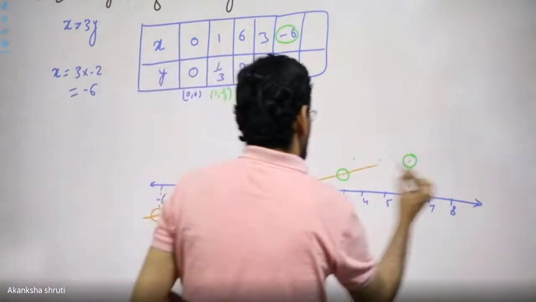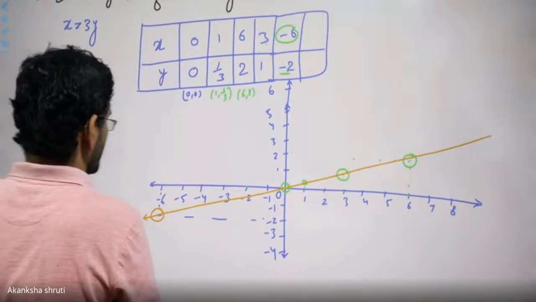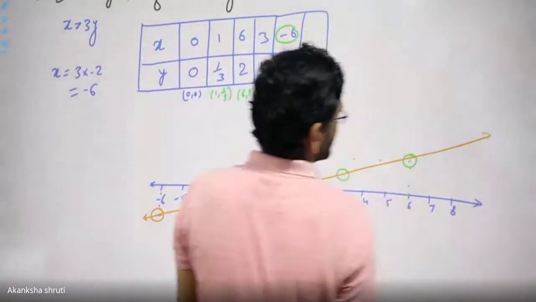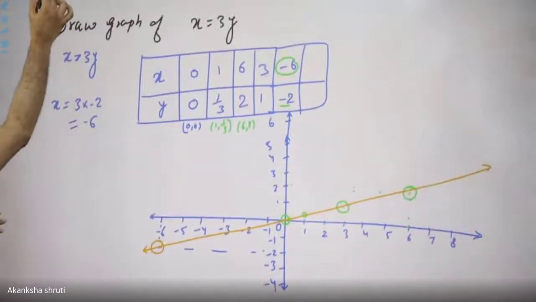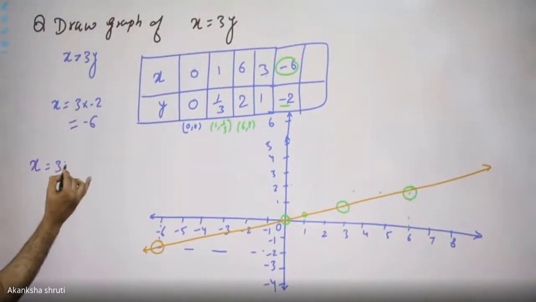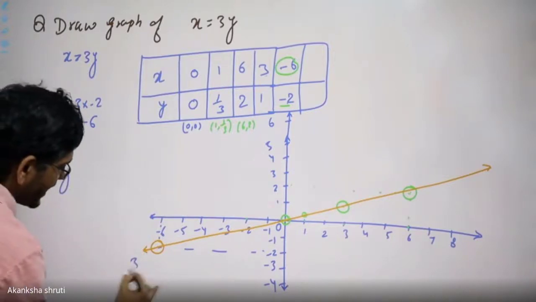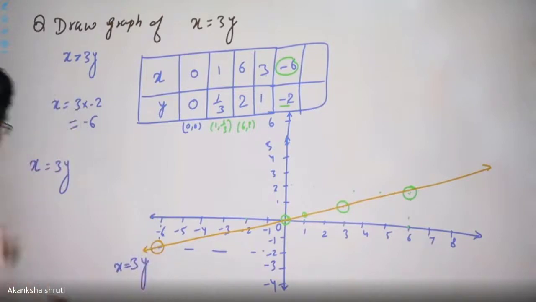And this straight line is passing through the origin. So students, what are we getting? Our equation is x equals 3y, so this is the graph of x equals 3y.